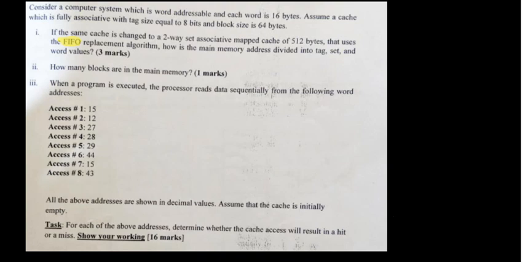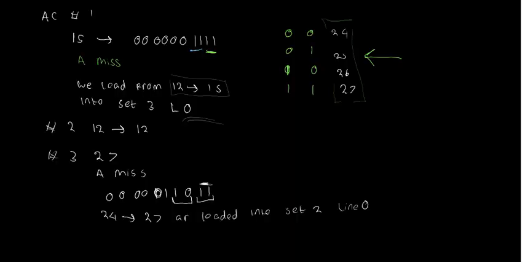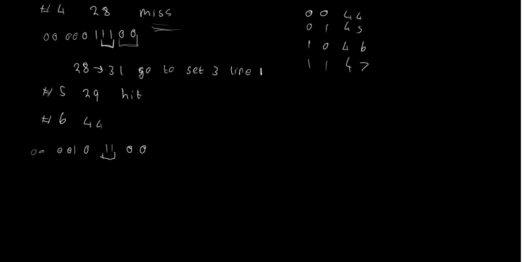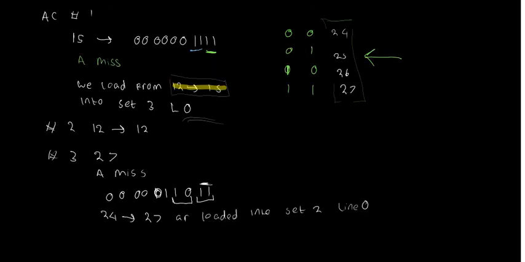If we look at this, the one that we added the longest ago was this block from 12 to 15, followed by this one from 28 to 31, which we just added in. So the oldest one there is this one. So we're going to replace the contents of line number 0.